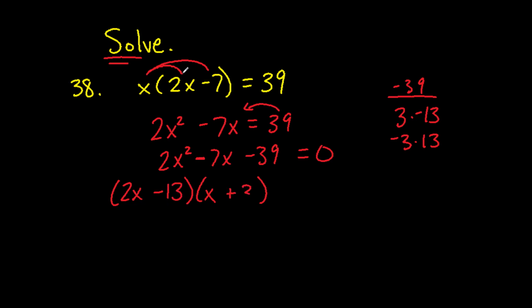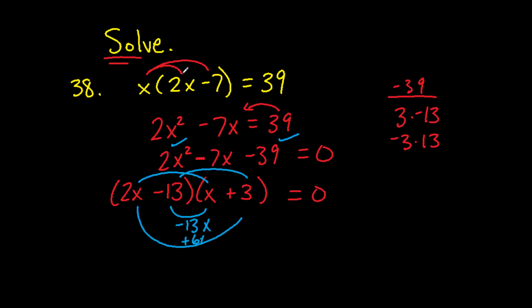Let's go ahead and check it and see if that works. 2x times x is 2x squared, and negative 13 times 3 is negative 39. So we just need to make sure the inner negative 13x and the outer positive 6x add up to negative 7x, and it does. So because that checks, that's our correct factorization.